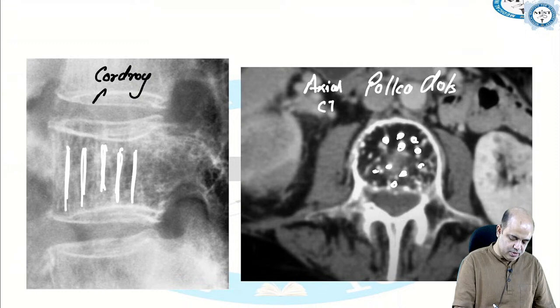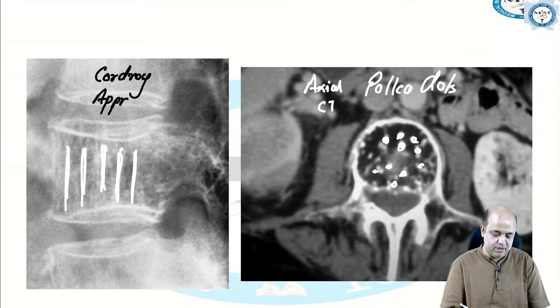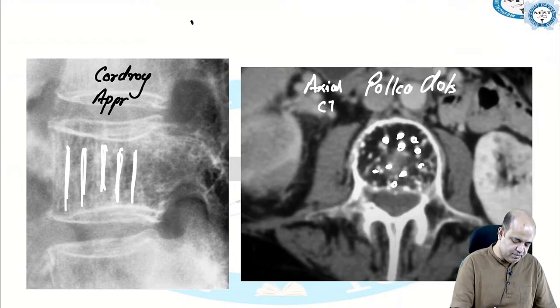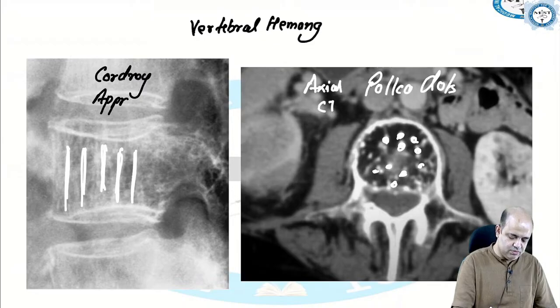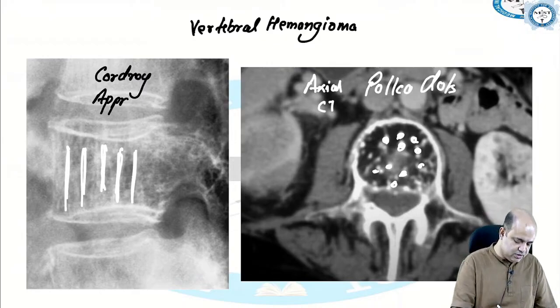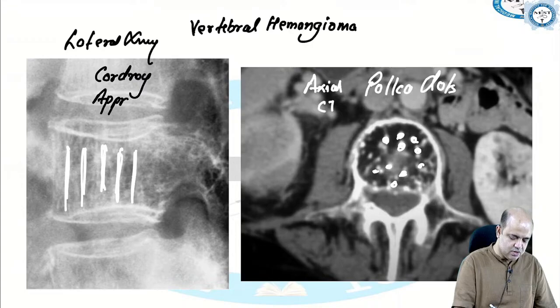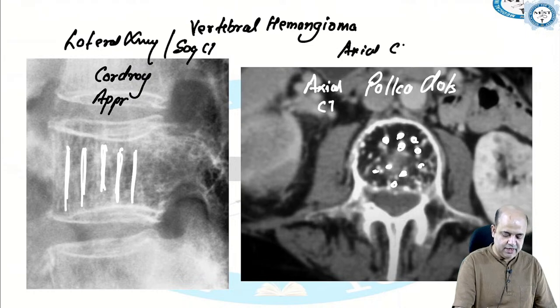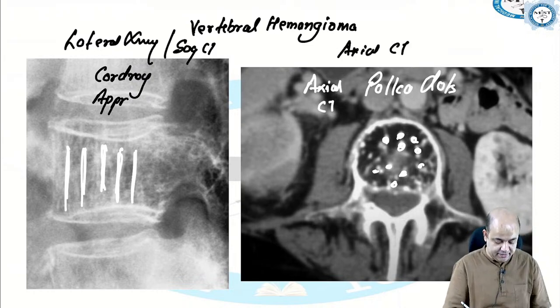Both of these are features seen with vertebral hemangioma. This is seen with the lateral X-ray or sagittal CT, and this is seen with the axial CT.